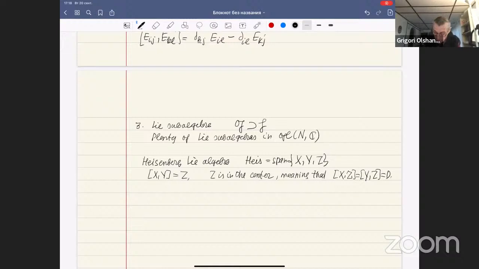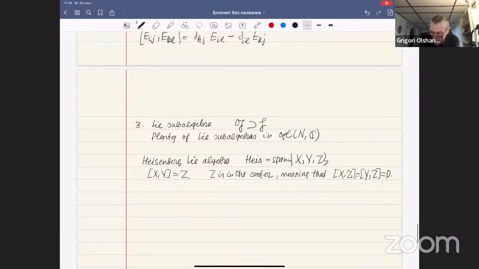It's easy to see that it is indeed a Lie algebra, that is, the Jacobi identity is satisfied, and this can be obtained directly from the realization of this Heisenberg algebra inside the Lie algebra of matrices of order 3.